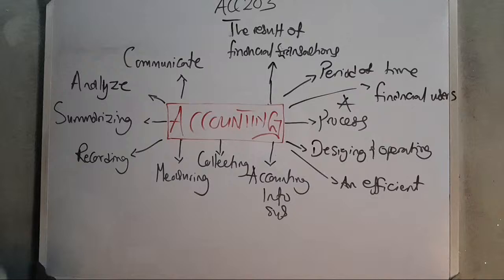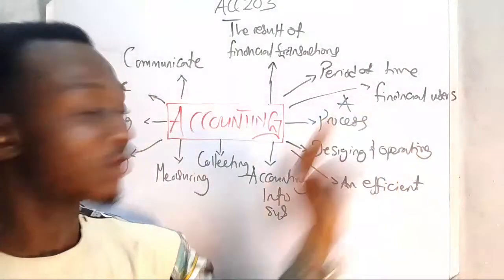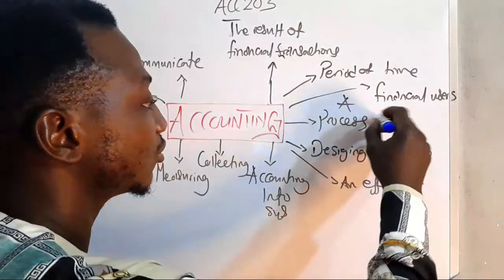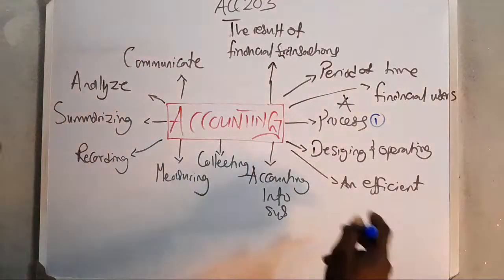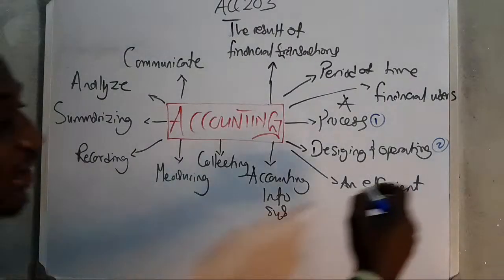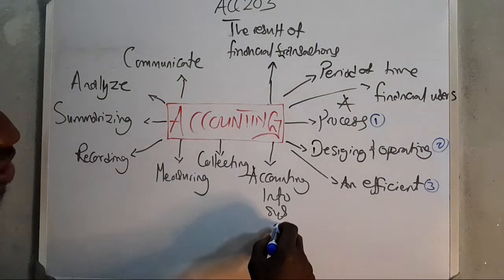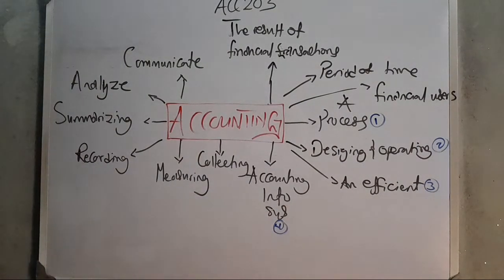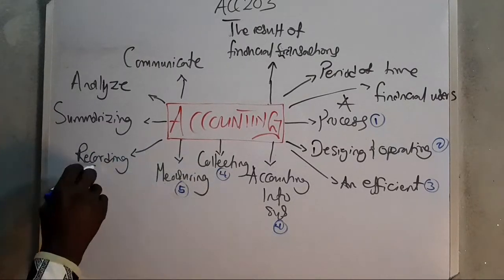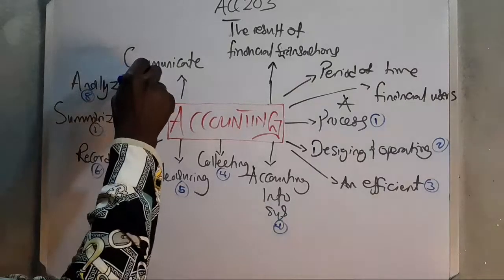Okay, it is a process. Look at it here. Number one, we said it's a process. This process involves the designing and operating of an efficient accounting system, so that we can collect, measure, record, summarize, analyze, communicate.